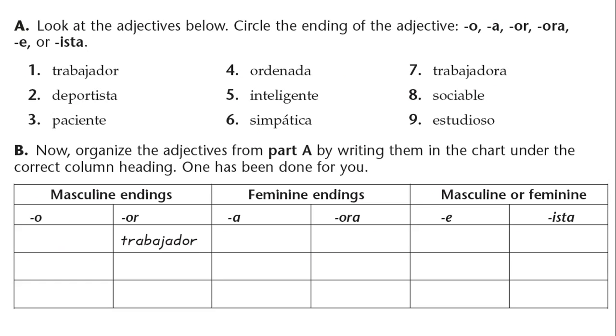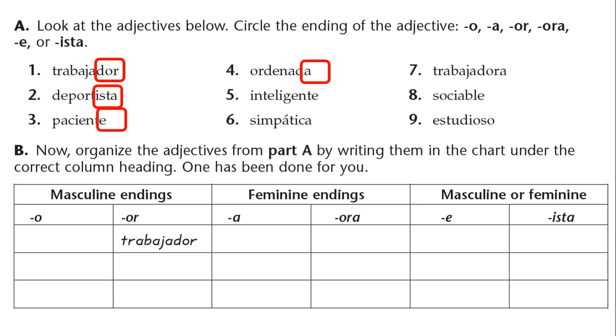So looking at the 9 words in part A, simply circle the ending or underline, whichever is easier for you. So you're looking for O, A, OR, ORA, E, or ista. So trabajador, dor, or OR is your ending. Deportista, ista.